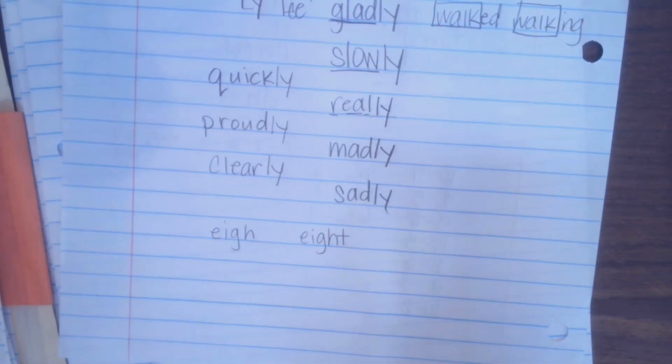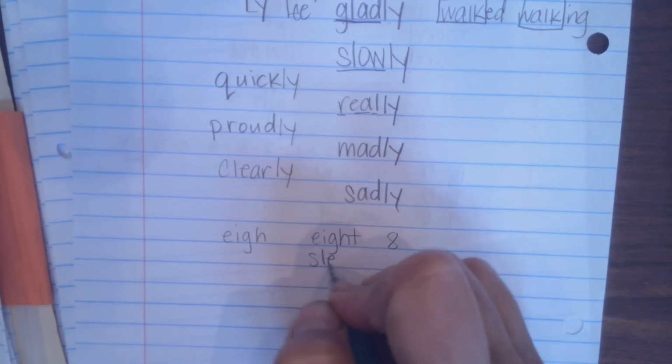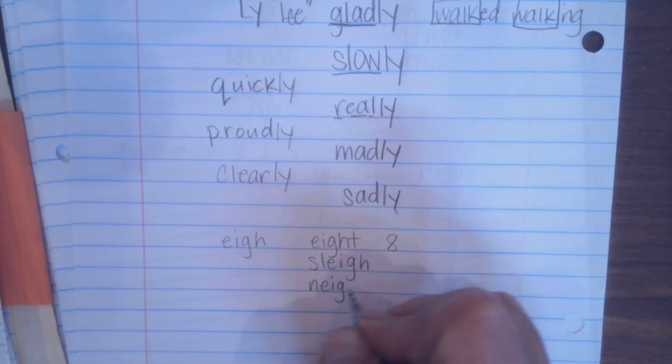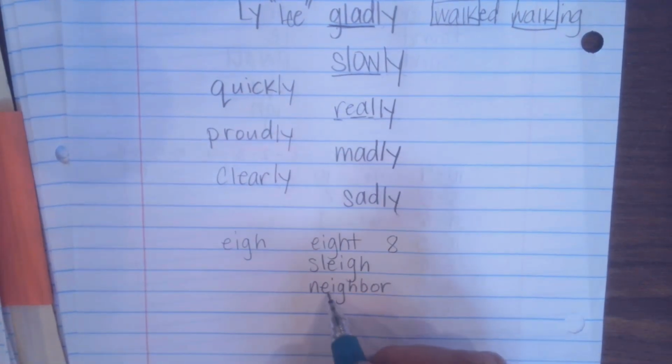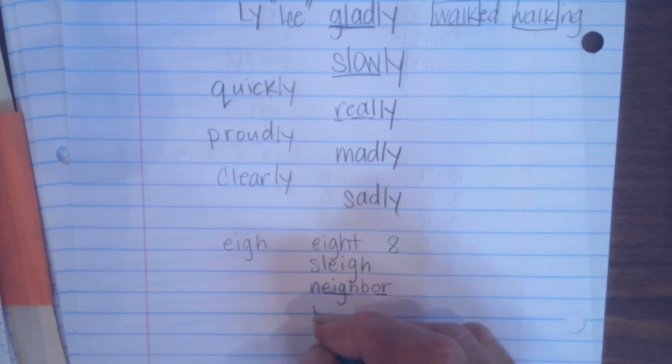So we have 8, and that's like the number 8, not like I ate my lunch. We have this word right here. And then this one has 2 blends. It has A, and then it also has or. So you can work on that one.